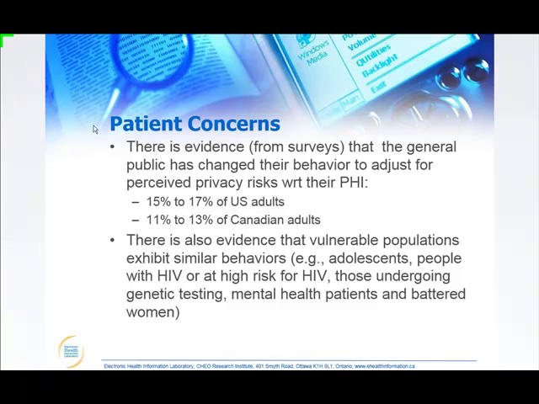In a number of surveys done over time in multiple different groups of people, between 15 and 17% of US adults and 11 to 13% of Canadian adults admit to changing their behavior in some way because of privacy concerns, with their physician, so in the context of receiving care. And vulnerable populations are the most likely to exhibit those kinds of behavior changes: adolescents, people with HIV or at high risk of HIV, those undergoing genetic testing, mental health patients, and battered women.